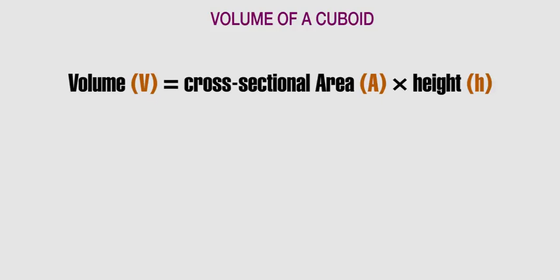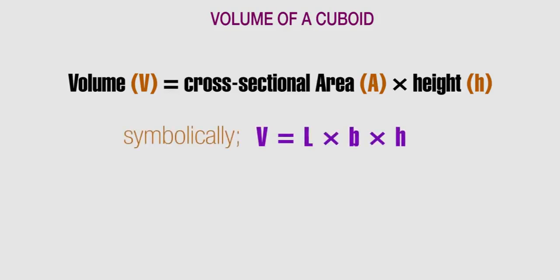Therefore, the volume of a cuboid is given by volume V equals cross-sectional area A multiplied by the height H. Symbolically, we have V equals L multiplied by B multiplied by H. Let us look at some examples on volume of cuboids.